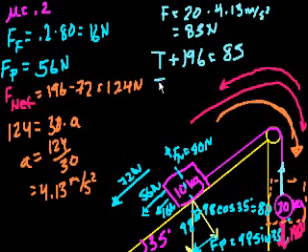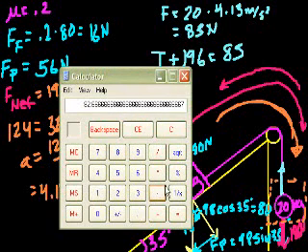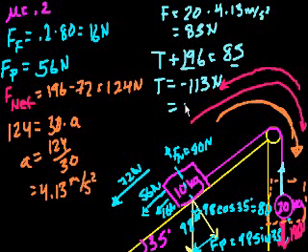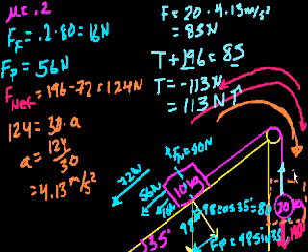So tension will be 83 minus 196, which is equal to minus 113 newtons. And the only reason why I got a negative number is because I used positive numbers for downwards. So minus 113 newtons downwards, which is the same thing as 113 newtons upwards. And so that is the tension in the rope.